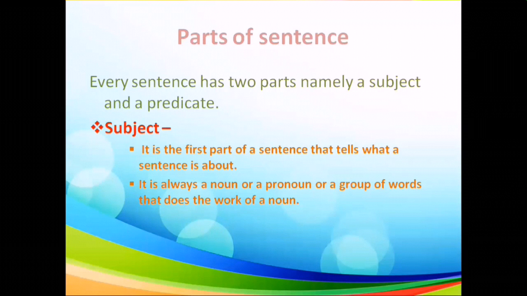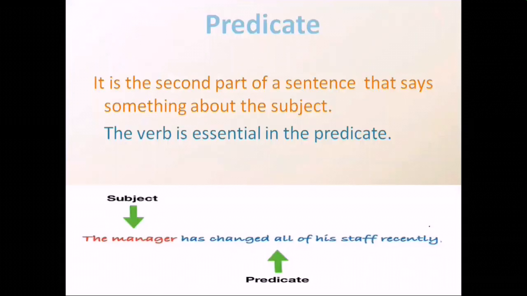It is always a noun or a pronoun or a group of words that does the work of a noun. Predicate: it is the second part of a sentence that says something about the subject. The verb is essential in the predicate.